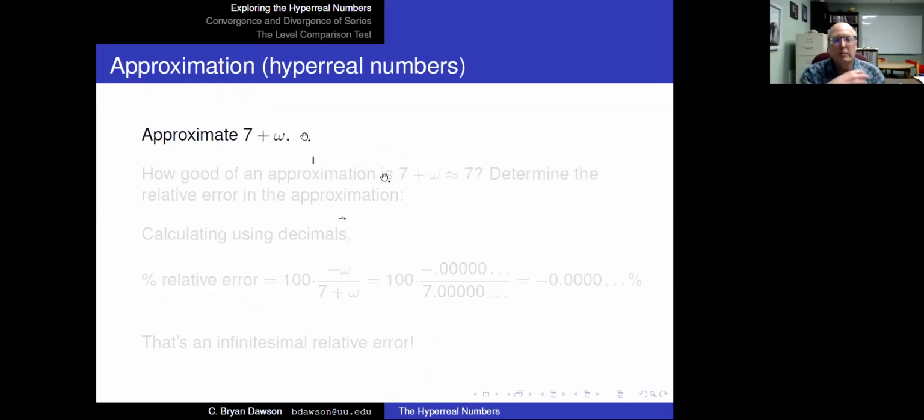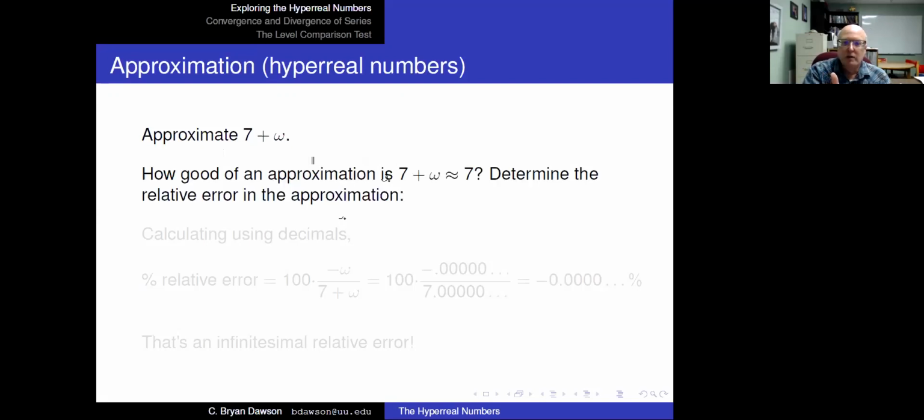But what if we were to approximate something like a real number plus an infinitesimal? That's infinitely close to that real number 7, right? So the approximation 7 plus omega, as approximating that as 7, should be really pretty good.